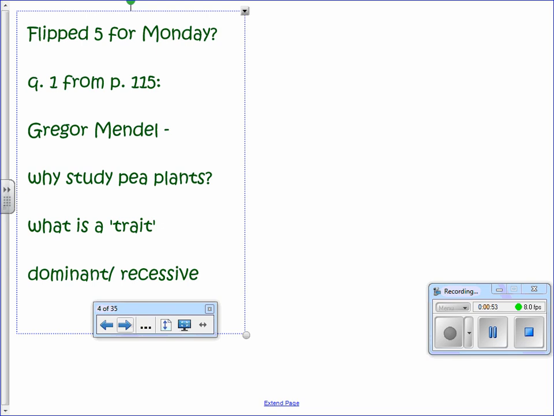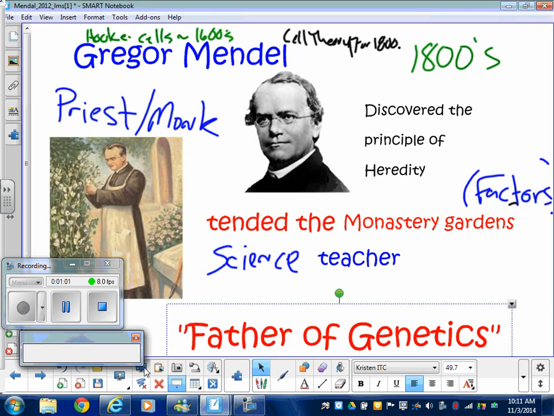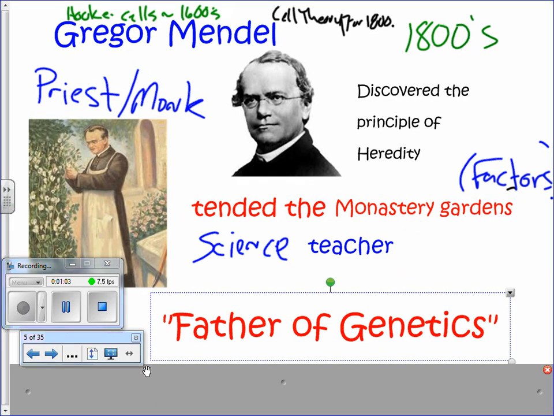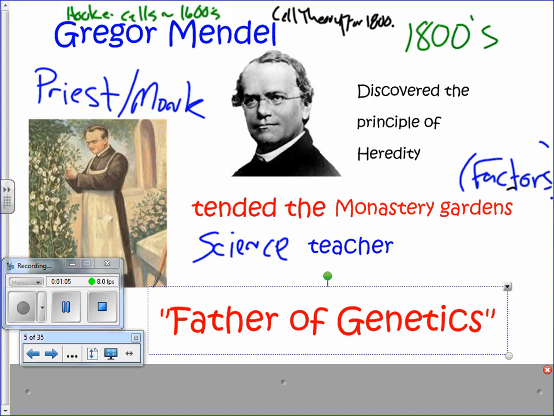So Gregor Mendel. Who is Gregor Mendel and why did he study pea plants? Let's get some answers. Gregor Mendel is known as the father of modern genetics. Okay, but what exactly does that mean? He's known as the father of modern genetics because in the 1800s, without a lot of knowledge of cells and without any knowledge of chromosomes and genes and DNA, he observed pea plants.